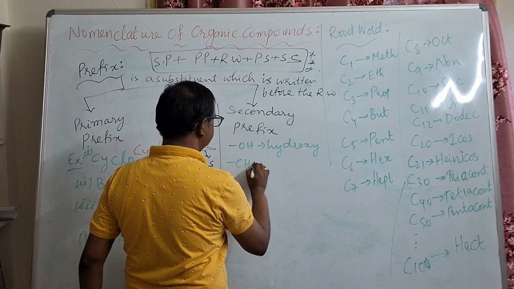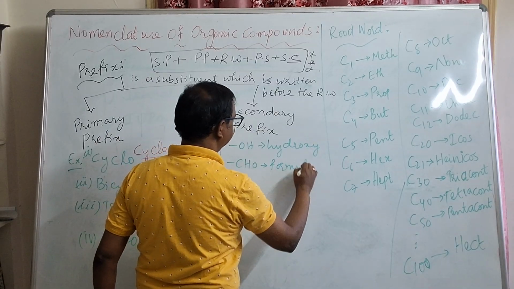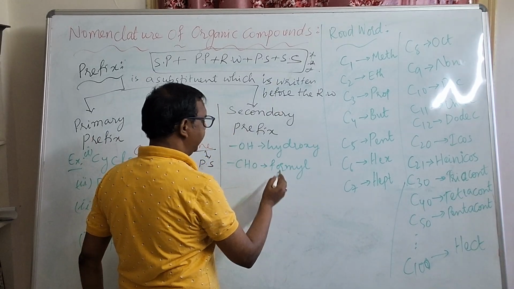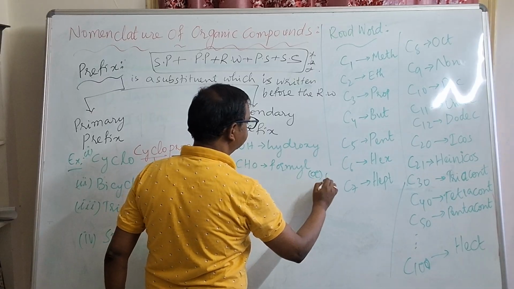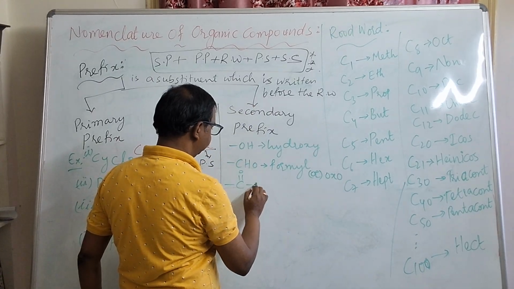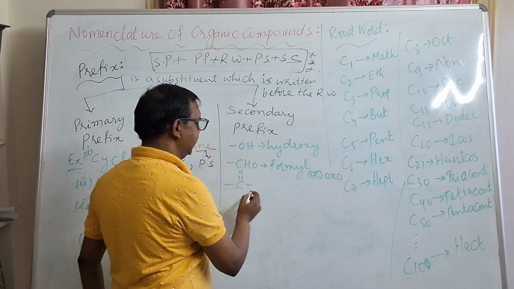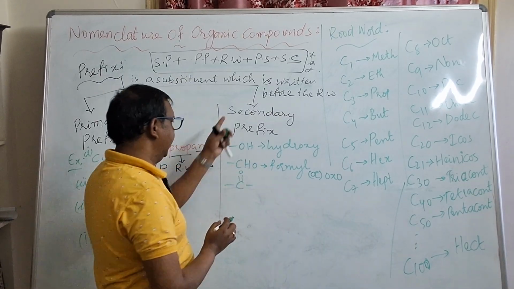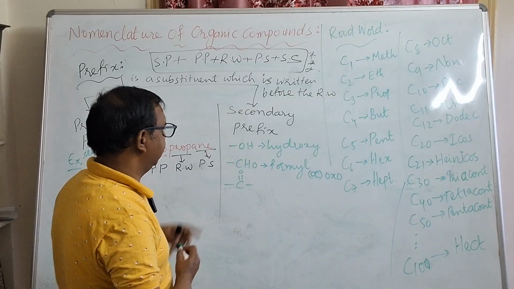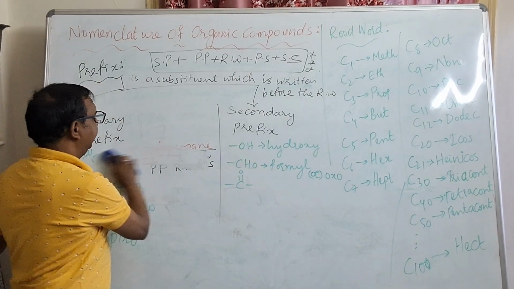If CHO is there, we write it as formyl, or oxo. If C double bond O, keto group. Here it is alcohol, aldehyde, keto group. I'll write the separate secondary prefix for that once, neat and clear.